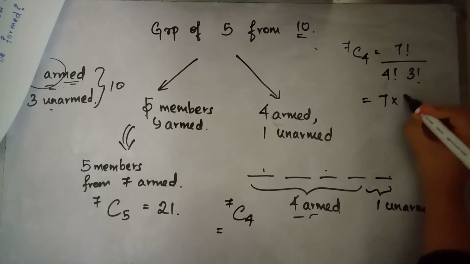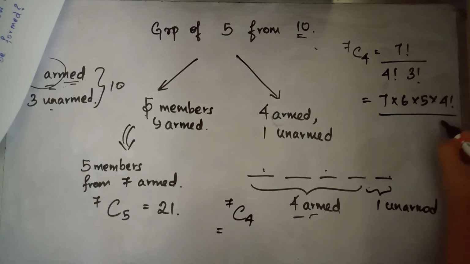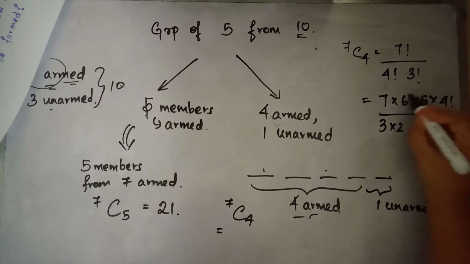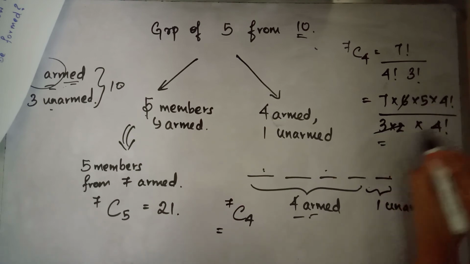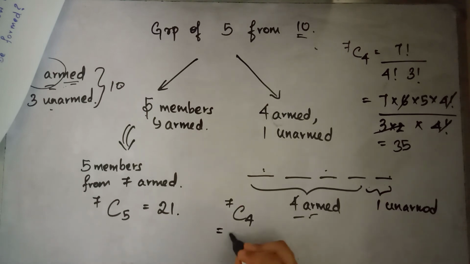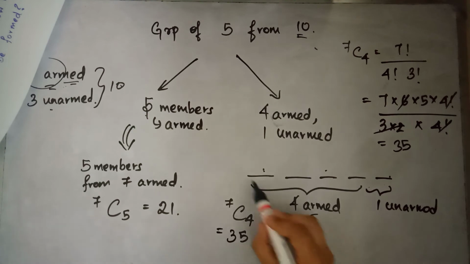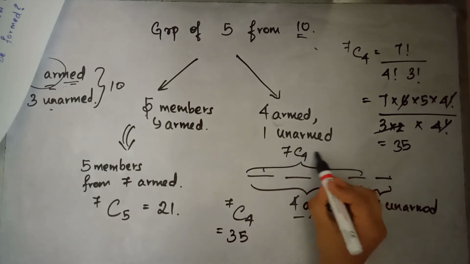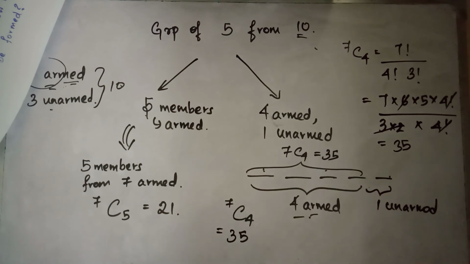I'll have 7 into 6 into 5 into 4 factorial divided by 4 factorial into 3 into 2. So 7C4 is equal to 35.